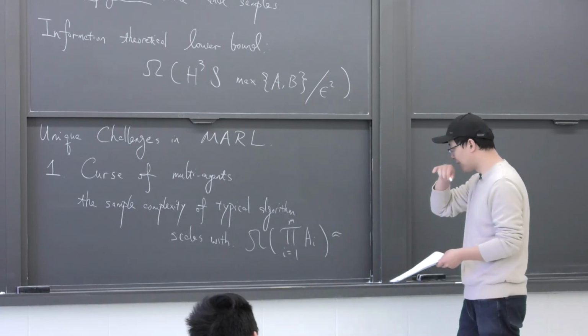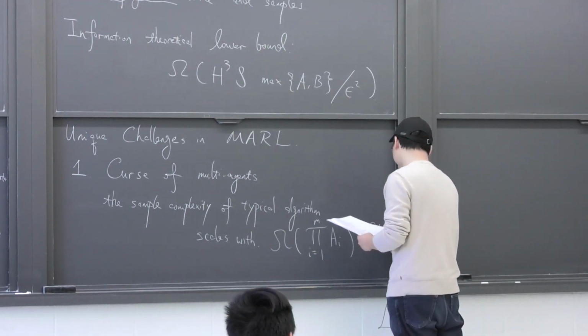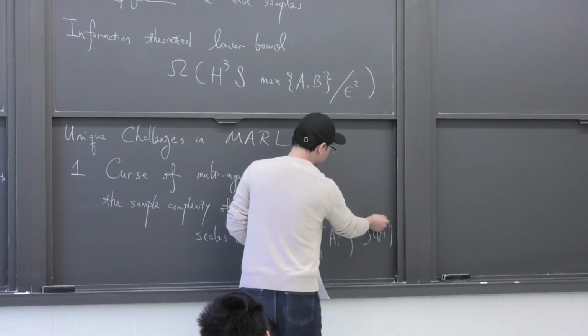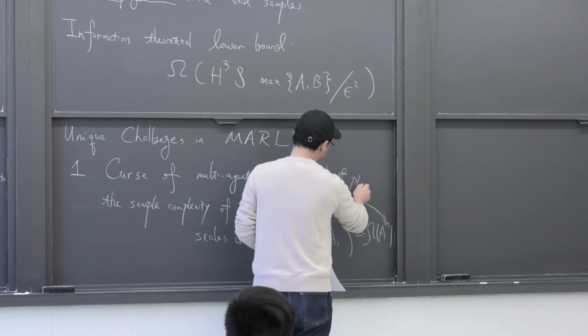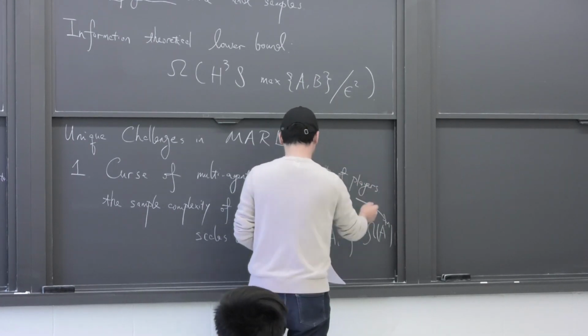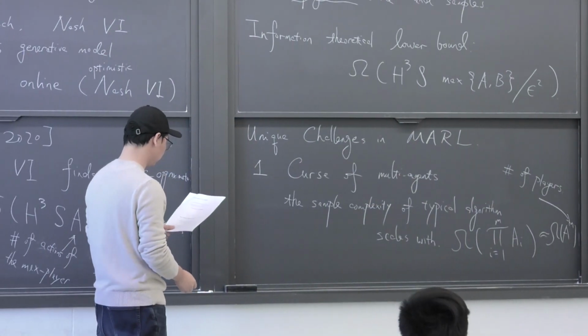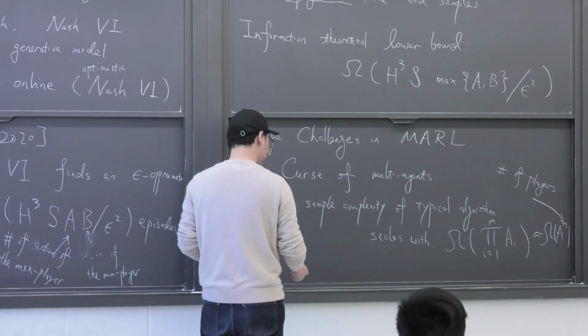Essentially the product of the number of actions for each player, and this is roughly Omega of A to the m, if we have m players.